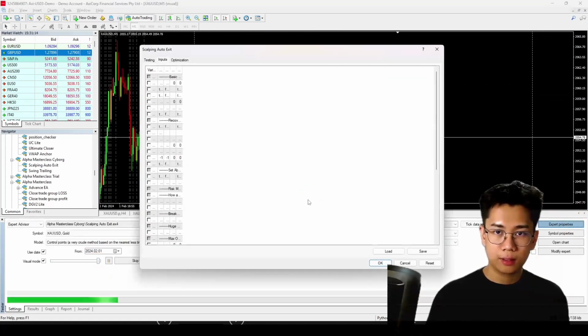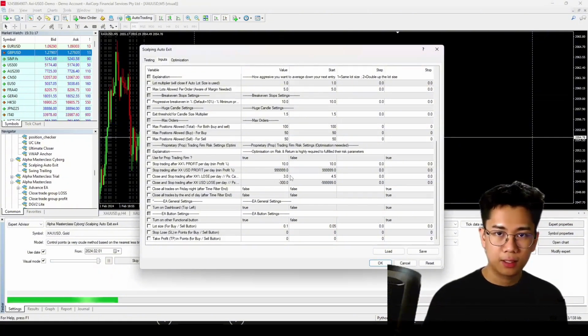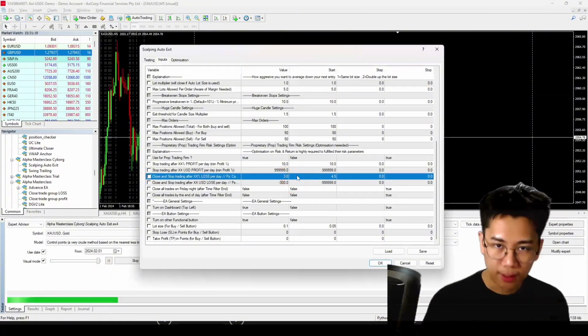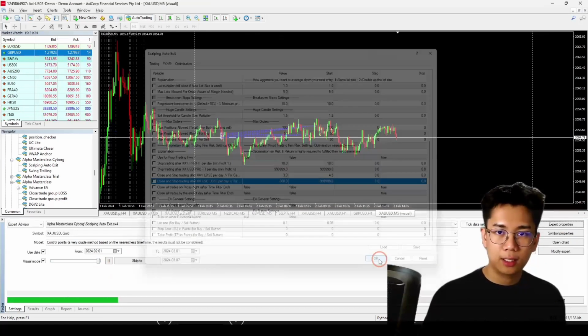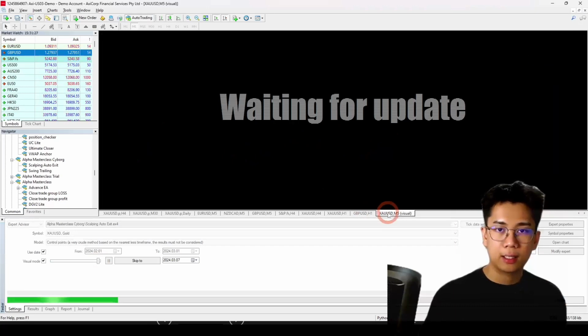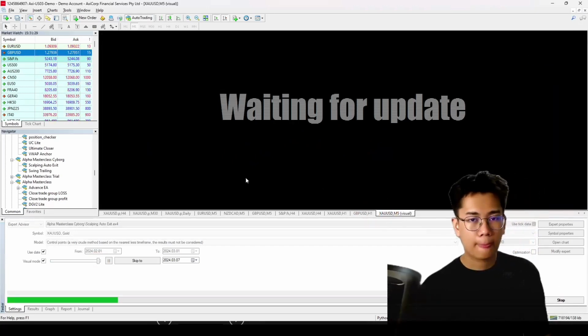Let me double check my settings. Close the trade after 3% down. Close the trade after negative $300 is correct. Let me do one more time.